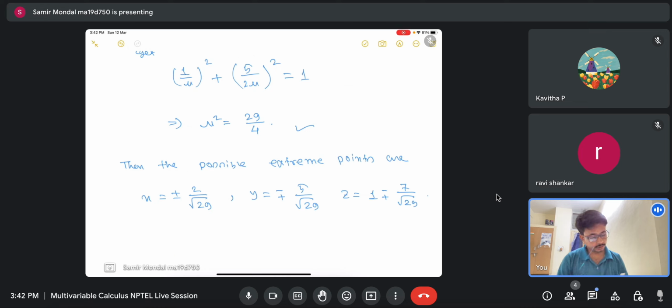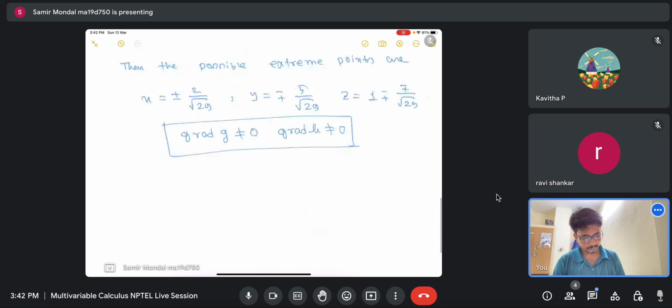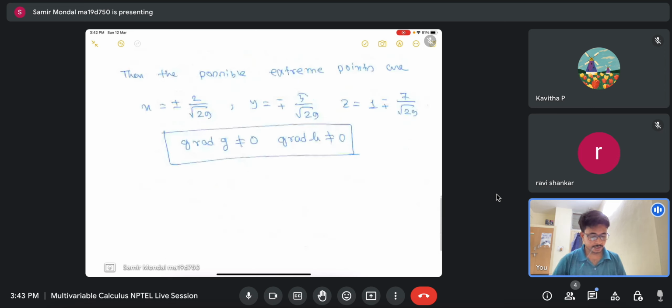And in all those cases you can verify that grad of g is non-zero, grad of h is non-zero. You can easily verify it. Now what is the maximum value of f? So what are the points?